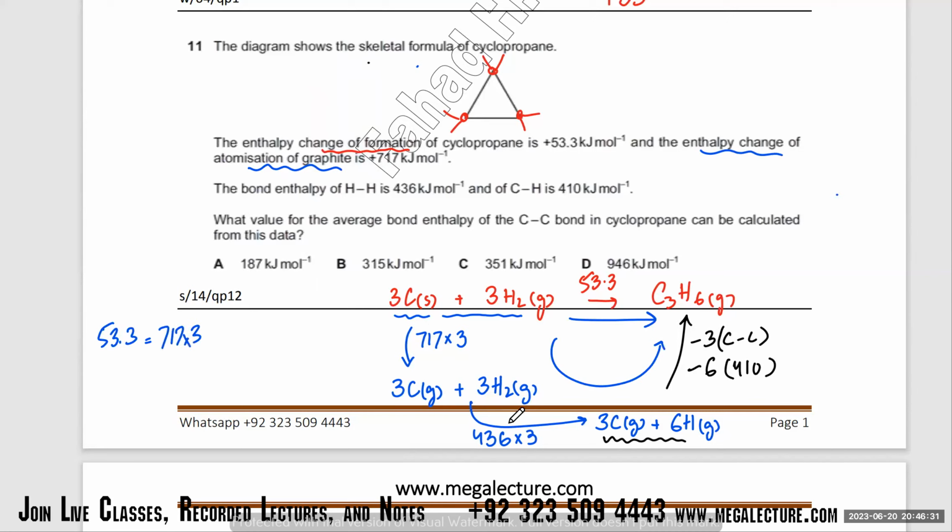What do I have over 436 times 3? 436 times 3 is this, yes, and what else? 6 times 410 minus 6 times 410, and finally we end with minus 3 times CC, which is unknown. So I just have to make this the subject of the equation and I'll be able to figure out the answer. So calculate this on the calculator, see what comes out.